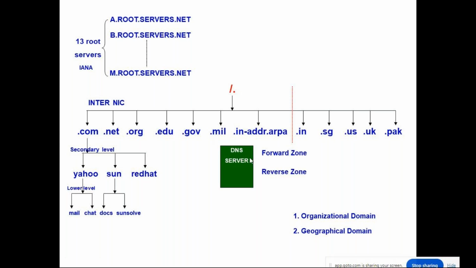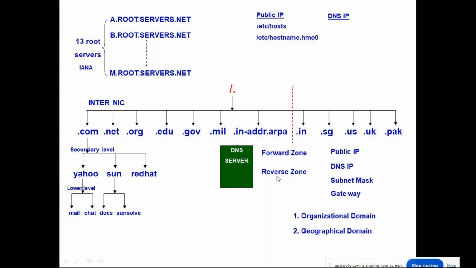So the ISP provider configures one DNS server with forward and reverse zone files. To connect to the internet through this DNS server, we need a public IP address, then the DNS IP address, then the subnet mask, then the gateway. What is the gateway? The IP address of your Wi-Fi router. We need this information, and your ISP provider gives it to you.